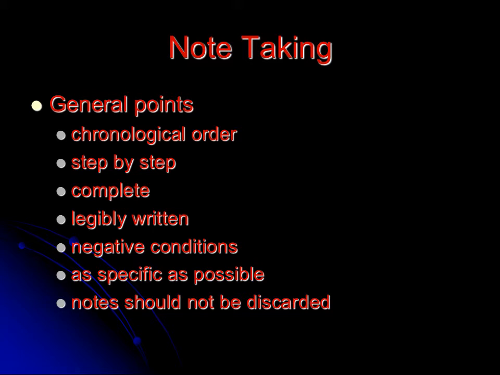So the absence of evidence may be just as important as the presence of evidence. So shell casings at a crime scene, it may be important to note that there were none. Be as specific as possible, and generally notes should not be discarded unless you have a practice that is supported by your agency to always discard them.